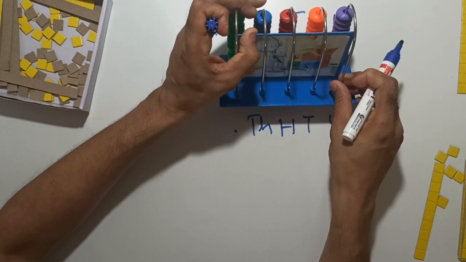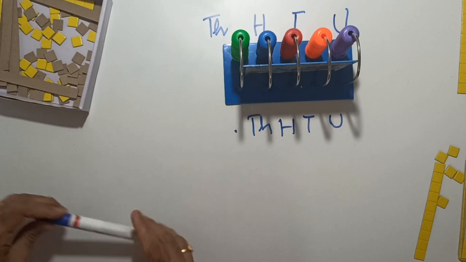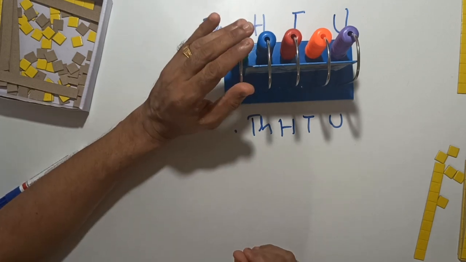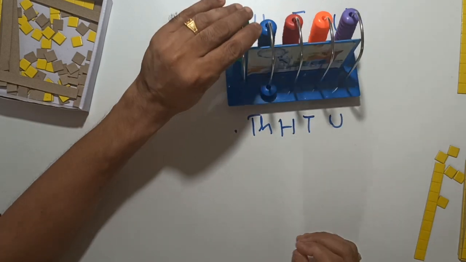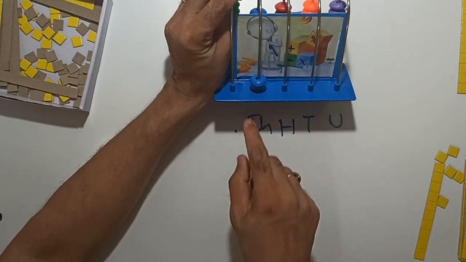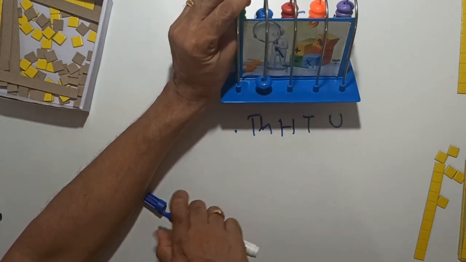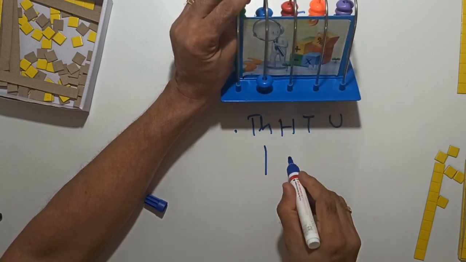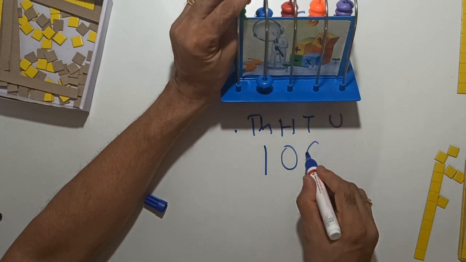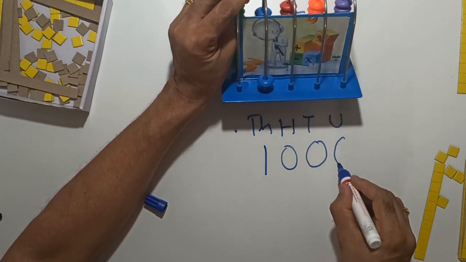Okay, so if you want to represent any number, let's say I want to represent just 1000, right? All you do is just move one of these beads into the thousands column, right? So how do you write this thing? So you've got one bead in the thousands column, 1. There is nothing here, that's 0. There is nothing here, there is 0, and there is 0.